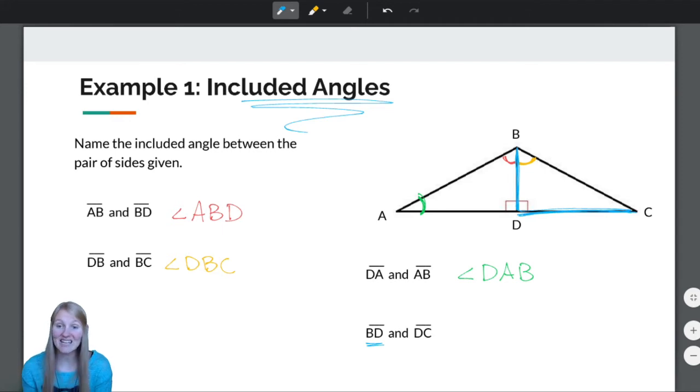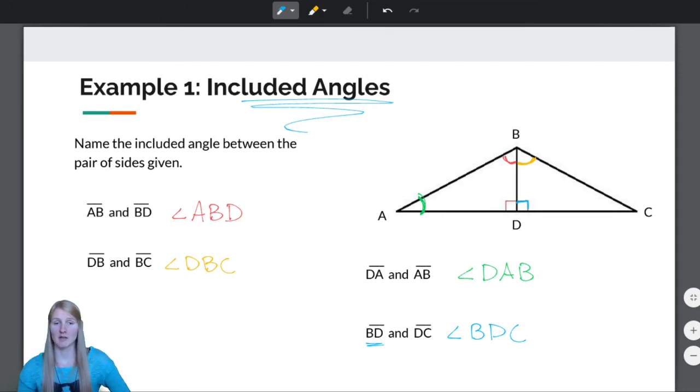We want the included angle, which is the one between them. So that is angle BDC. And if you said CDB, that also would have been correct. Remember, it doesn't matter. As long as the vertex is in the middle, doesn't matter the order of the two on the outside. Okay, wonderful, wonderful.